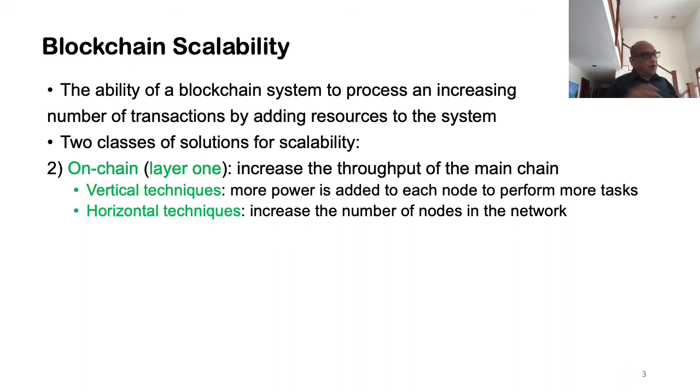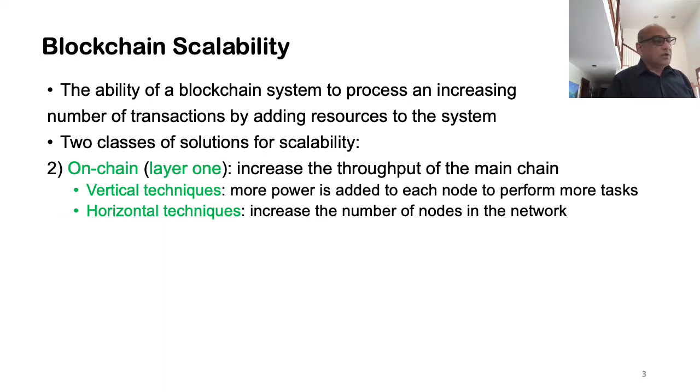The other problem with the vertical techniques is that if some of the machines are not as powerful as the more powerful machines, then the system can operate at the speed of the slowest component in the system. As a result, at least in databases, the technique that is more used is what is referred to as a horizontal technique.